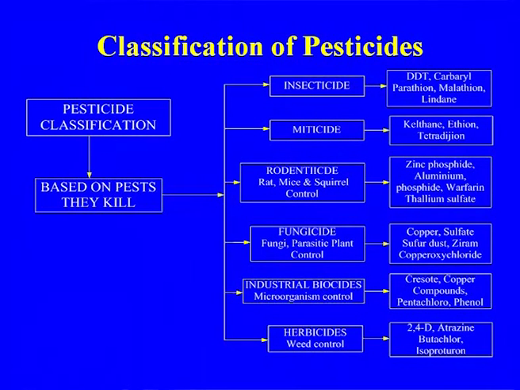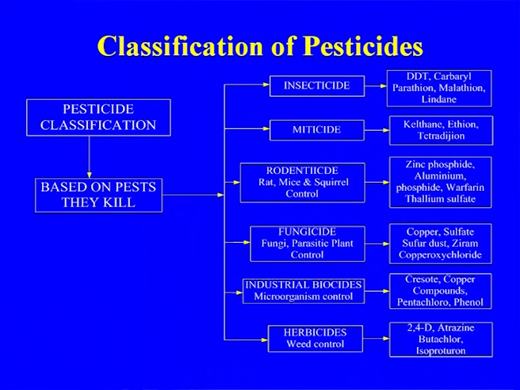Now let us see the classification of the pesticide, because there are two ways we are classifying the pesticide. Pesticide classification is based on the pest they kill: insecticide, miticide, rodenticide, fungicide, industrial biocide, herbicide, and also based on the chemical group.